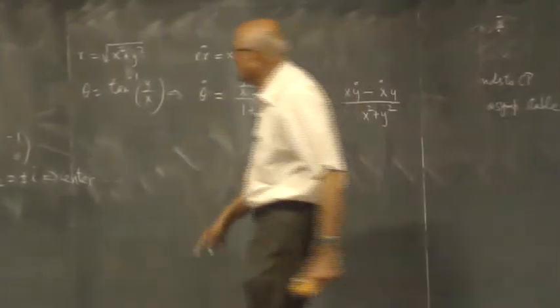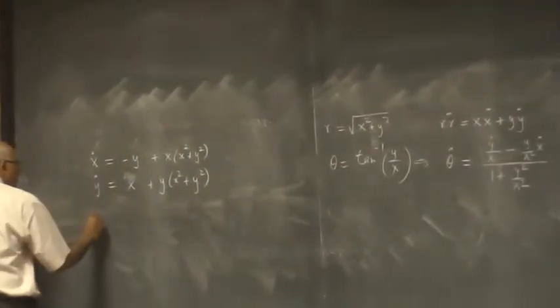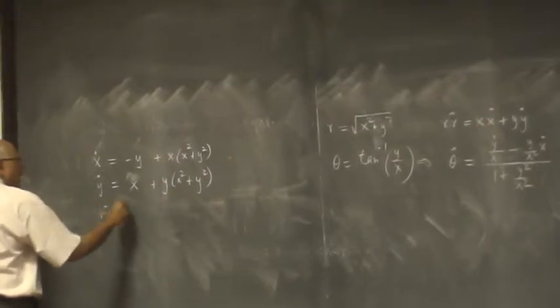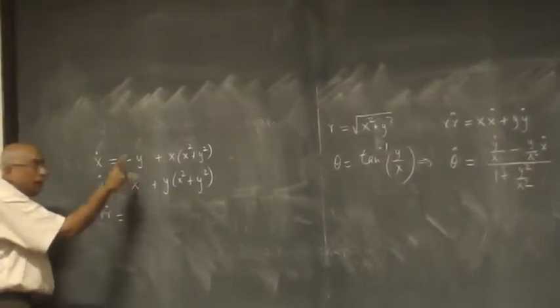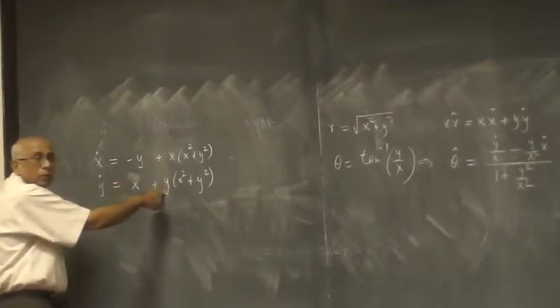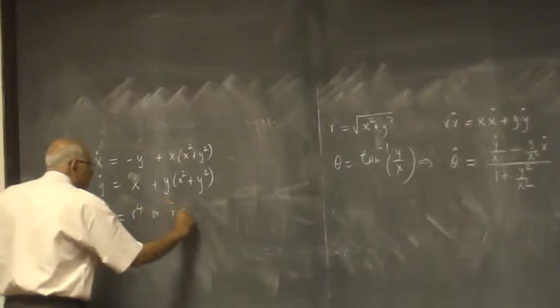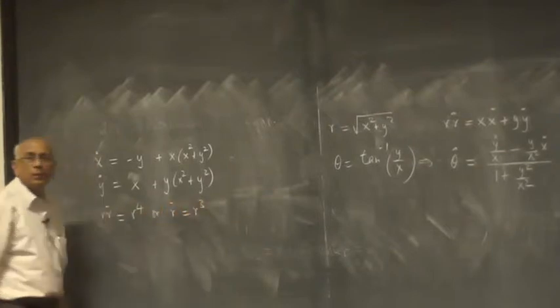So now let's find out what those quantities are here. x x dot plus y y dot is r r dot. I multiply by x and multiply by y and add the two, and these two terms cancel out. This gives me x squared, this gives me y squared, so it's r to the power 4, or r dot equal to r cubed.